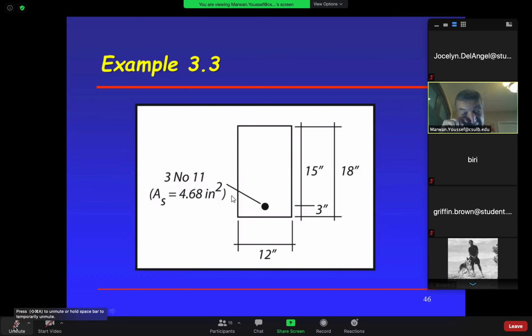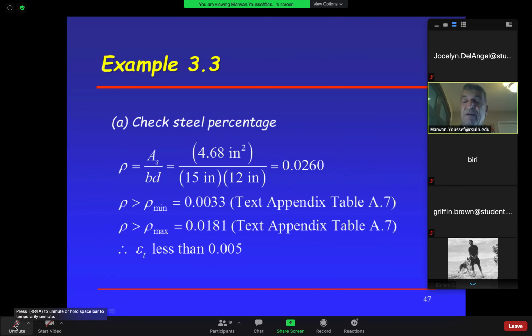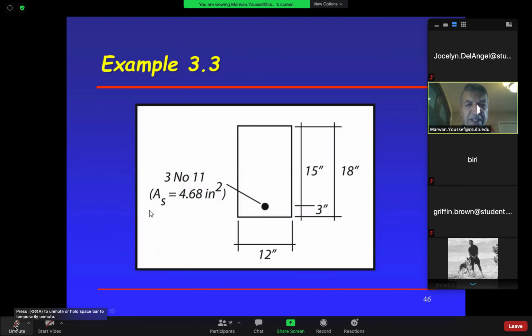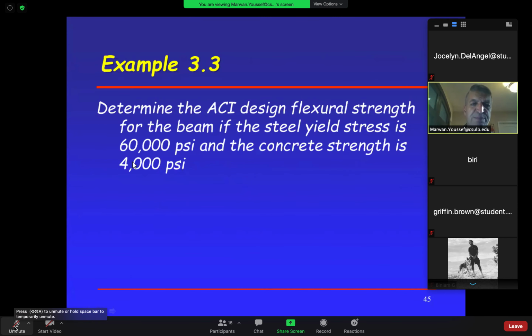Now the thing is, did I violate anything from the code requirements? And how do we check that? What is rho minimum that the code tells me I have to use? Rho minimum, like we said last time, either check the equation or go to table A7 and you will find rho minimum. All you need to know is F prime C is 4,000, Fy is 60,000, okay?